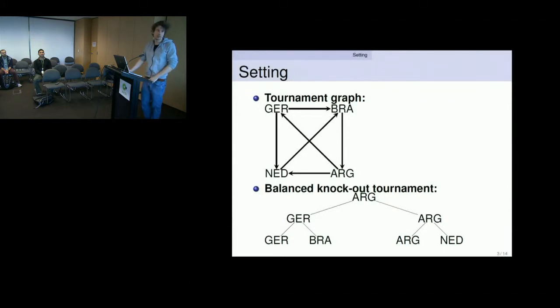For example, here we have Germany, Brazil, the Netherlands, and Argentina, with Germany matched up against Brazil and Argentina matched up against the Netherlands. We can see that Germany beats Brazil, then Argentina beats Netherlands, and finally Argentina beats Germany. So Argentina wins the tournament with this draw.